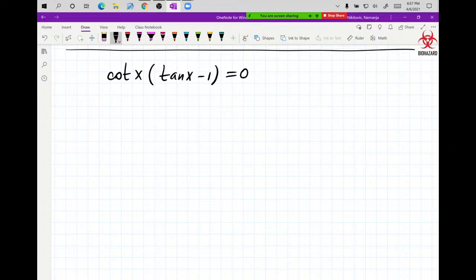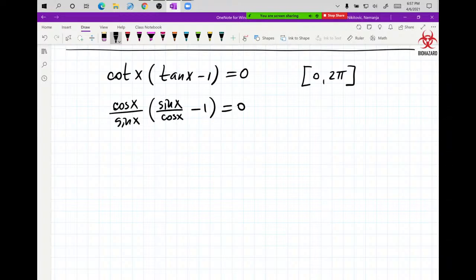Well, if you want to graph and see the number of solutions and all of that stuff, you will take this. Oh, we are on 0 to 2 pi. I keep forgetting this stuff. All right. So you write this as cosine x over sine x times sine x over cosine x minus 1. And then when you multiply, you see that these guys cancel.